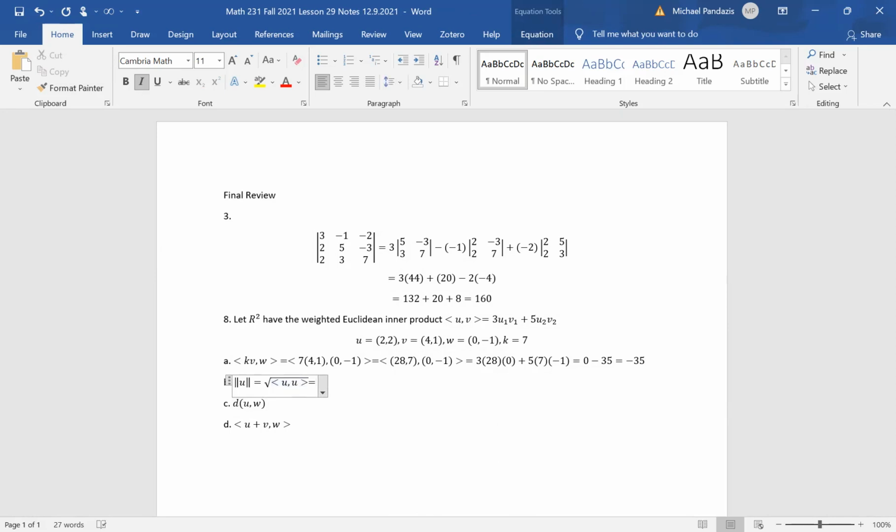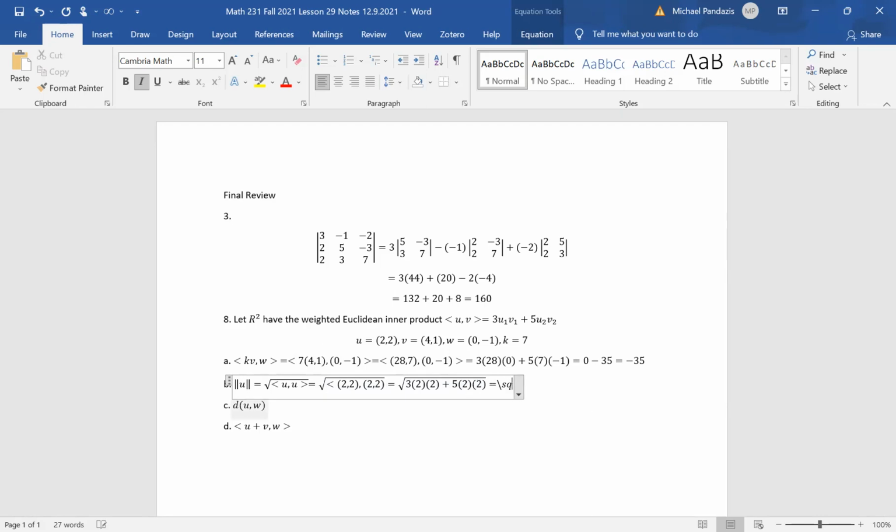And so that means this is equal to the square root of the inner product of u, which is 2, 2, with itself, which is 2, 2. And so that's equal to the square root of, well, the first weight is 3 times 2 times 2 plus 5 times 2 times 2.